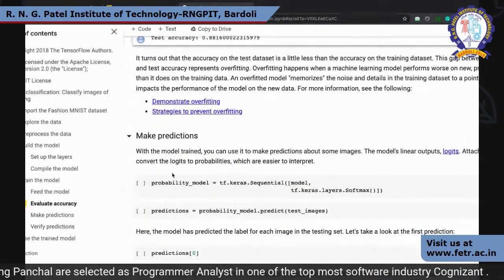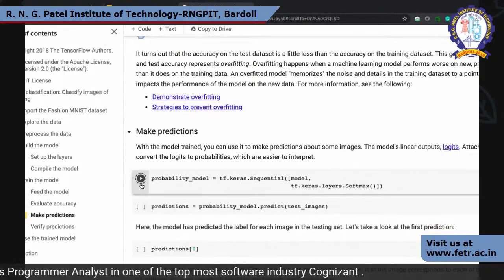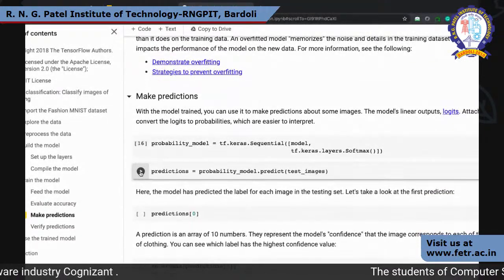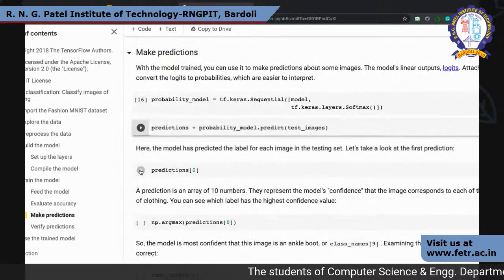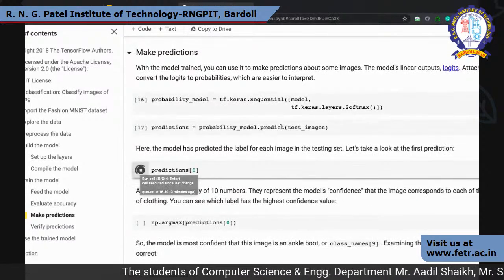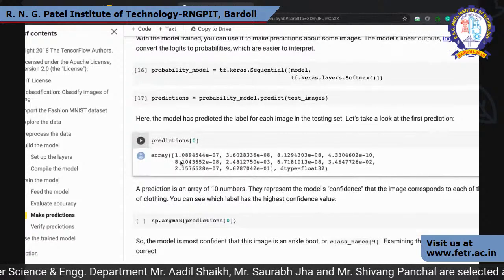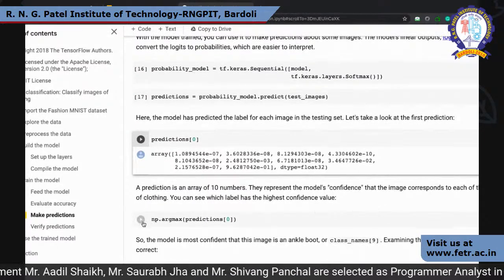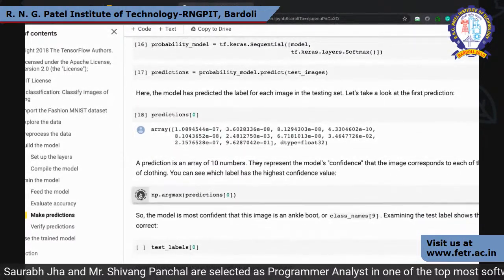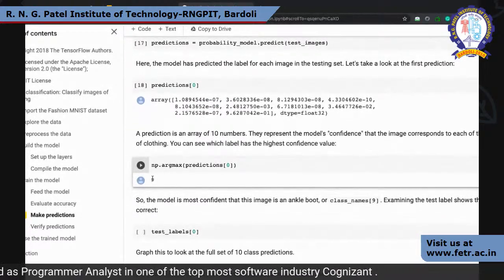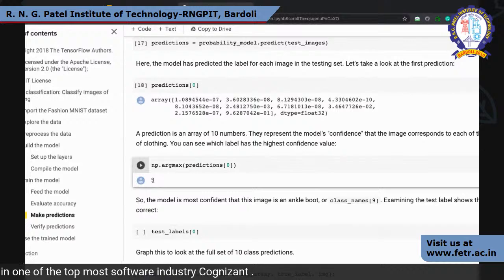Now let's make one prediction to check it out using the probability model and softmax. Using the predict API on the test images, I got the predictions, and then I applied argmax, which gave me the output 9, which is the ninth label.